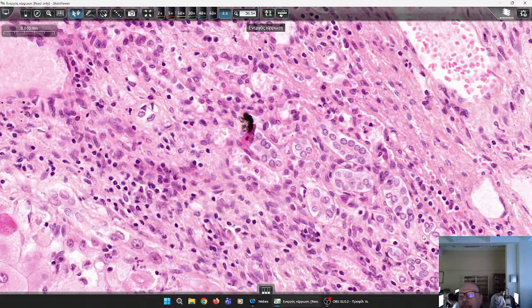This is ductular reaction. It arises from the canals of Hering, if you remember from histology, where the bile ducts start. You have the bile canaliculi on the lateral surface of the hepatocytes, and in the canals of Hering is where they start to have epithelial lining, and this is where the stem cells reside.